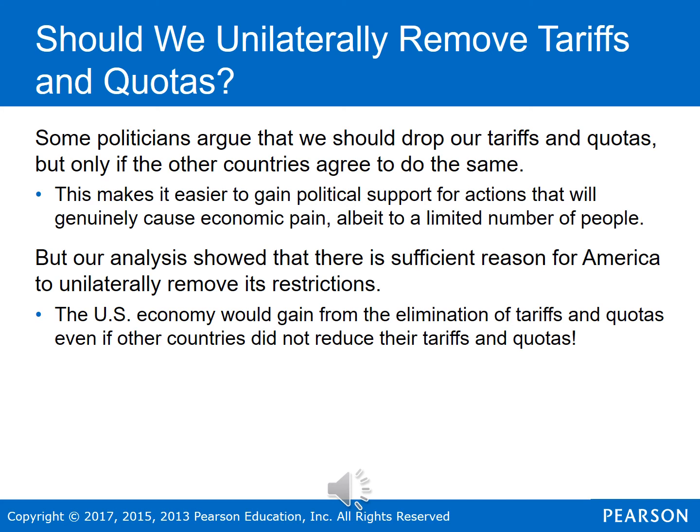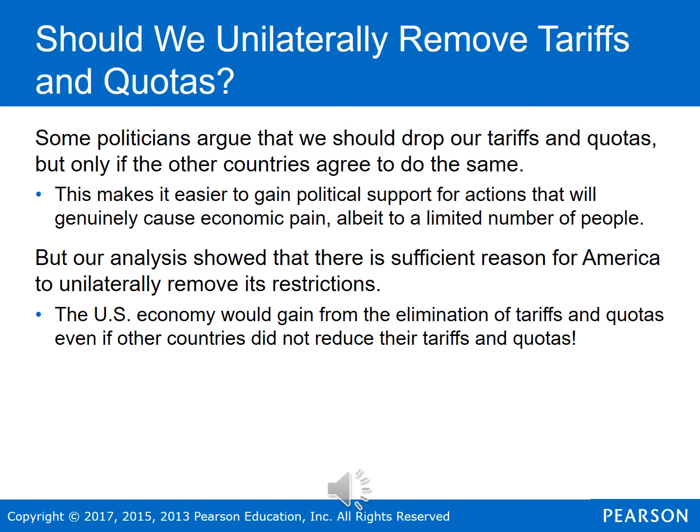Now, this makes it a lot easier to gain political support for these actions, as it'll generally cause economic pain, but it'll be to a limited number of people. If we agree with another country to both reduce tariffs, then it seems more like a compromise rather than just giving up and harming our own workers at the expense of slightly cheaper goods.